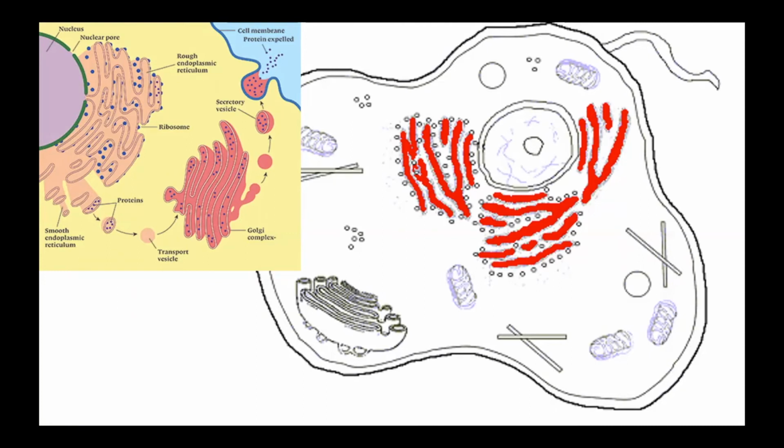And go, oh, you are going to be used to make hair grow. Okay, excellent. So you're going to become a hair protein. So I'm going to chemically label you for the hair so that you know where you need to go. And then it's going to put it into a bubble and send it over to our next organelle called the Golgi apparatus. So here's your bubble, and it just moves on over to our next guy.